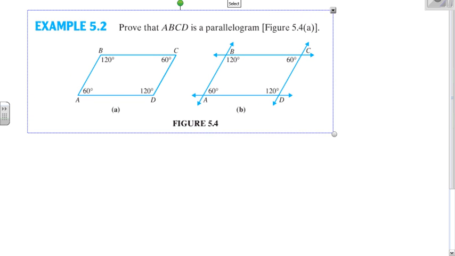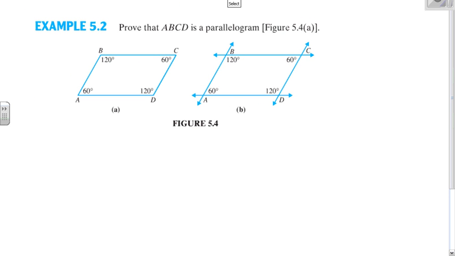So let's use that to prove that ABCD is a parallelogram. The first thing we're going to do is extend the lines. So we have two lines cut by a transversal.